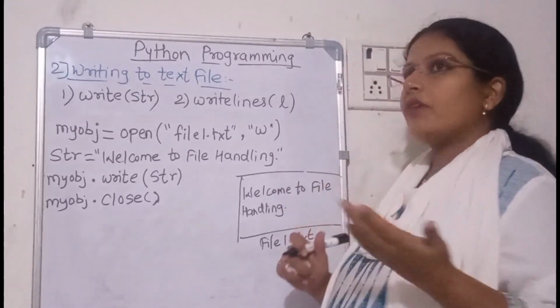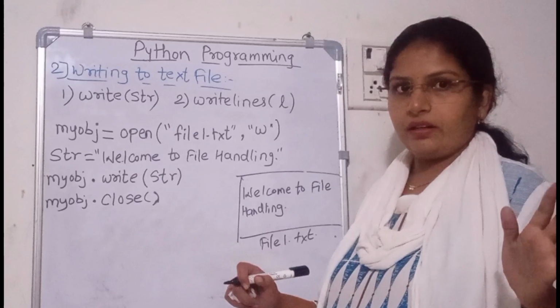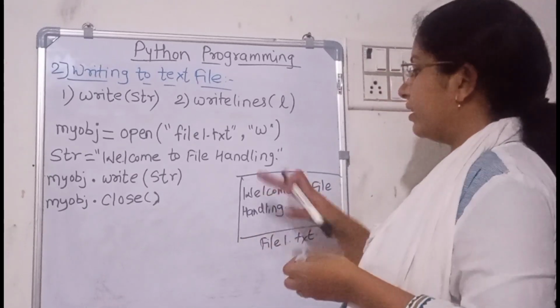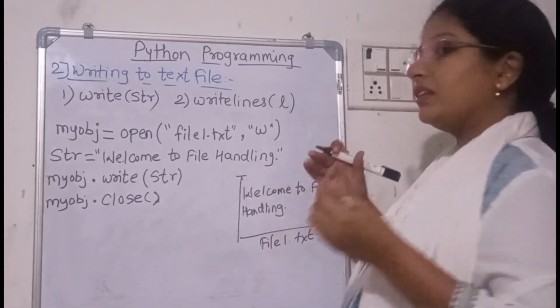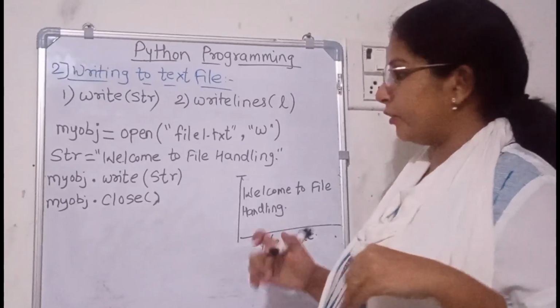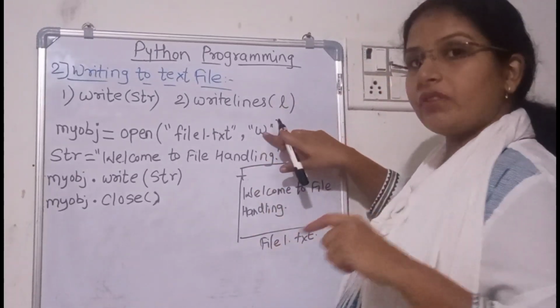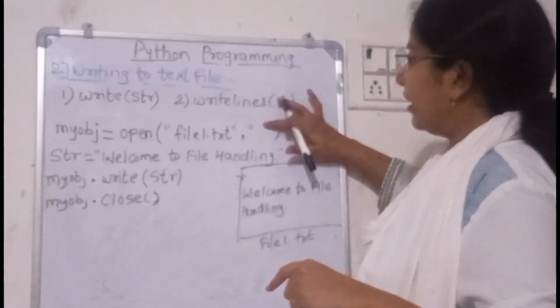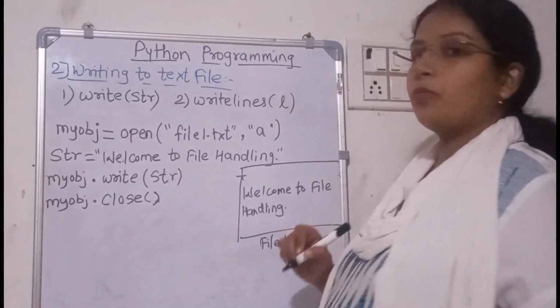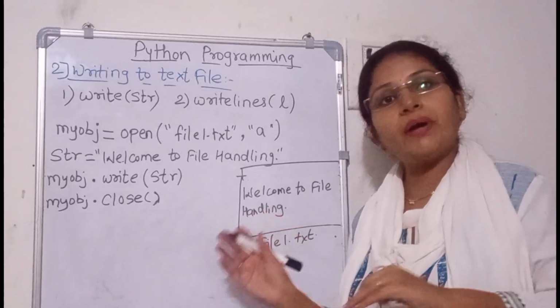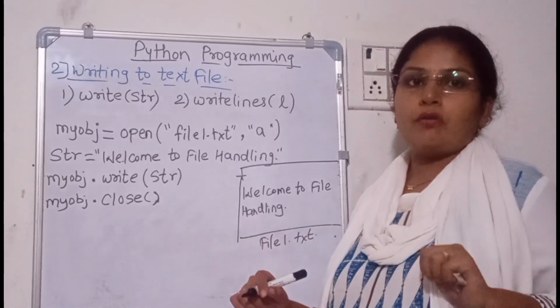Suppose I want to keep the existing content, whichever content is already there, and then I want to write the new content to the file. Then what will I do? Instead of W, I will use A, append mode. That means I am appending the new content to the file.